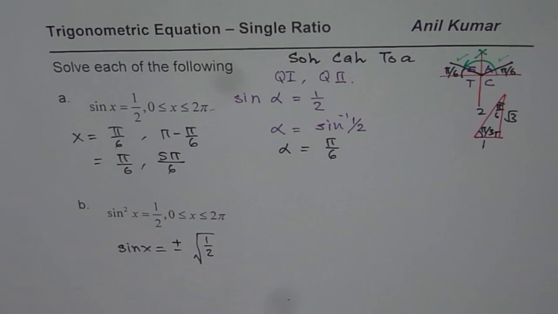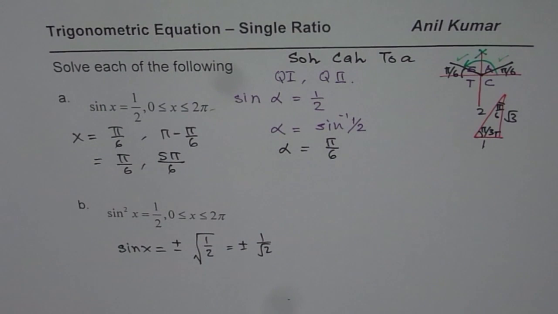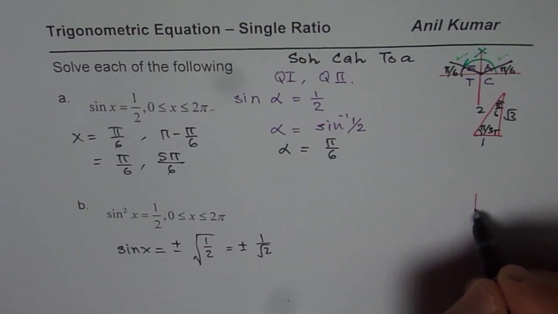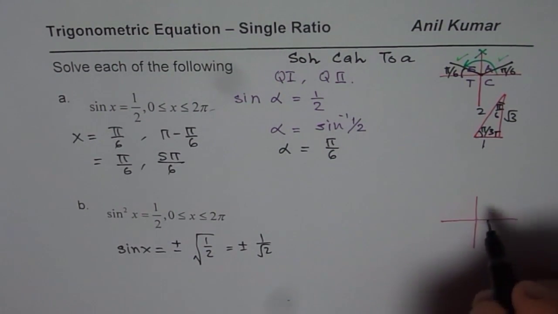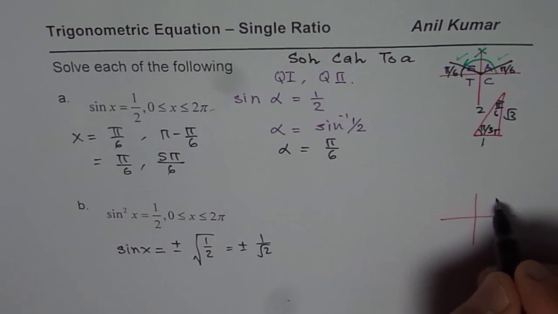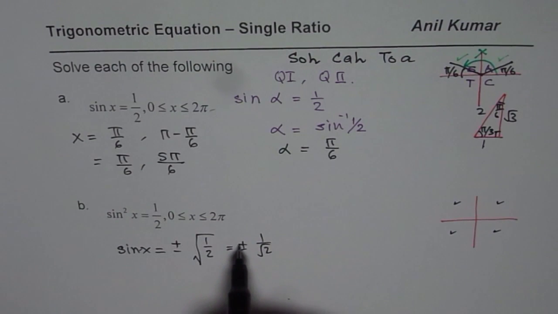Don't forget that, correct? That is kind of writing like this, 1 over square root 2. Is that okay? So we are looking for sine x to be positive or negative. That means, as far as the coordinate goes, all quadrants, right? So we are looking for 4 solutions here. 1, 2, 3, 4. Since sine x could be either positive or negative, correct?